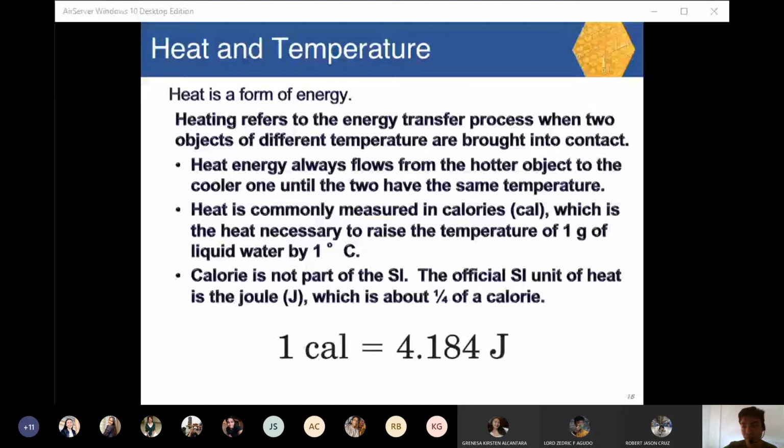Pag convection naman, for example, nandito ako sa kwarto ko, closed siya, tapos kunwari, alcohol, nagliliyab. So, the energy or the heat ng alcohol, umiikot siya sa room. So, that is convection.